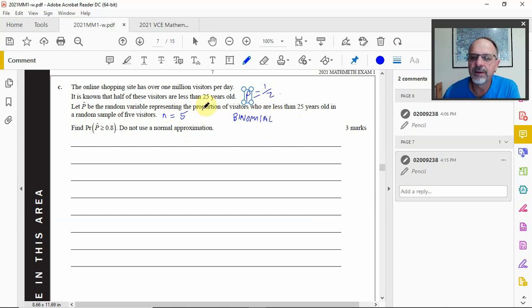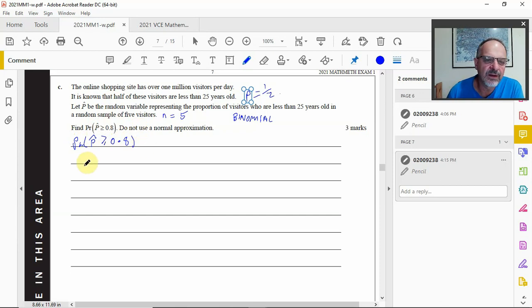It's a funny looking M there, but not to worry. So we're looking at binomial. Proportion. So remember, we're looking at the probability that our proportion is 0.8.